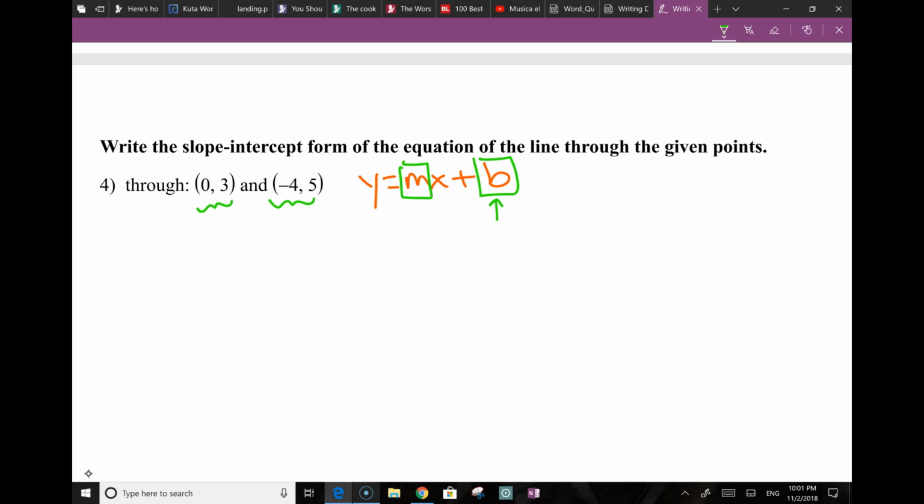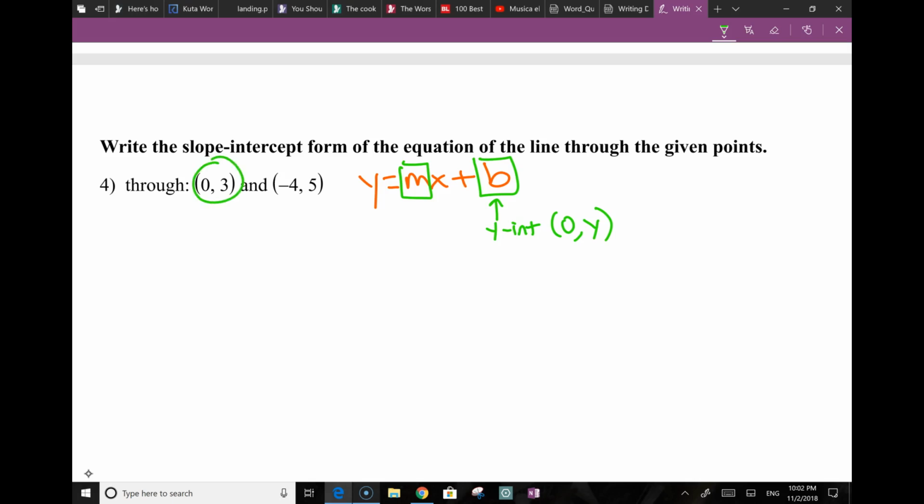And I know that the y-intercept is always going to be of the form 0, y, as I've said earlier. So I want to look to see if one of these ordered pairs takes on that form, and it turns out that it's this one over here.